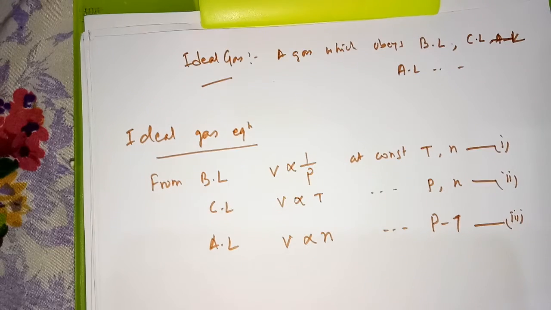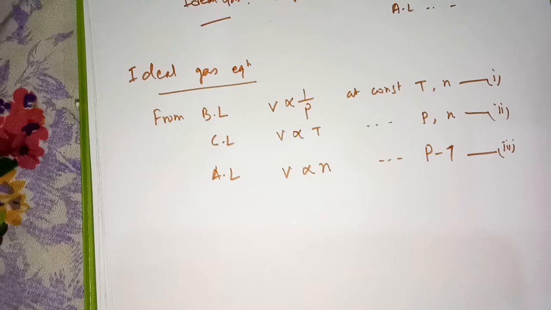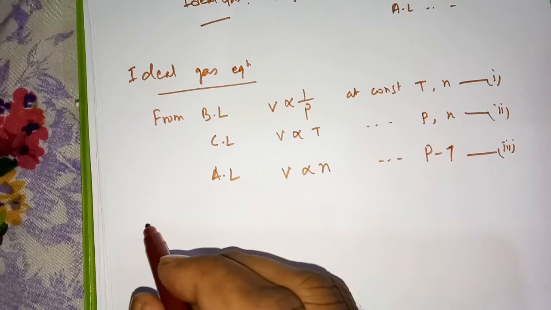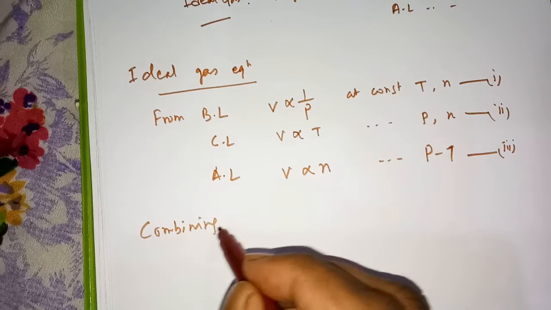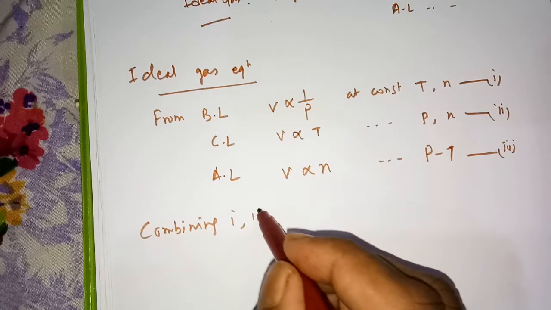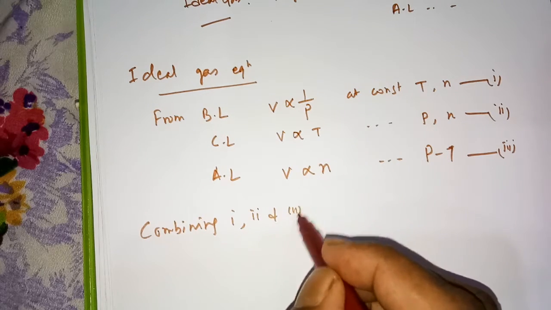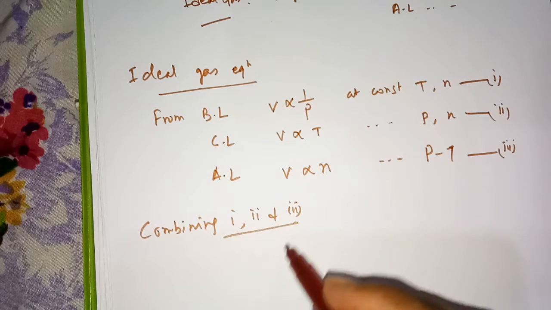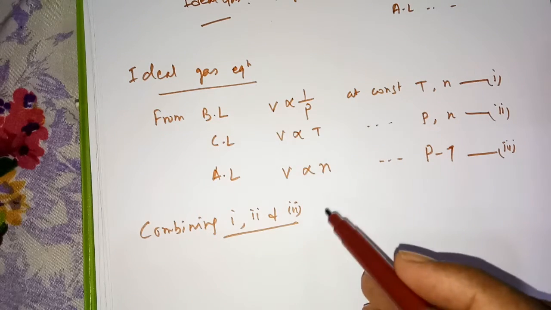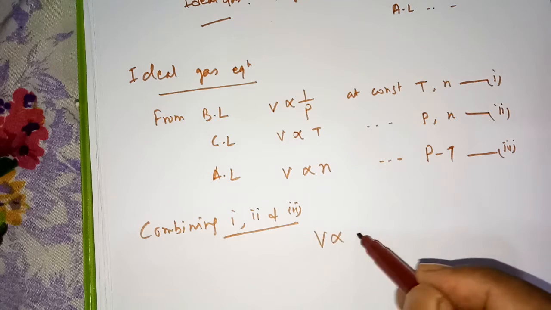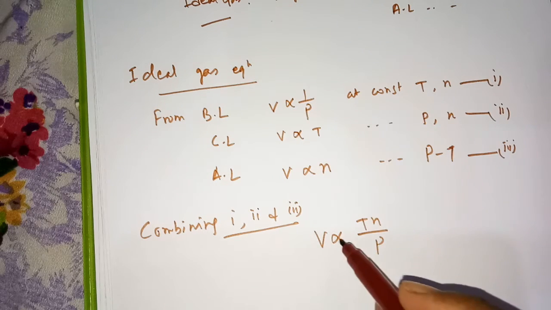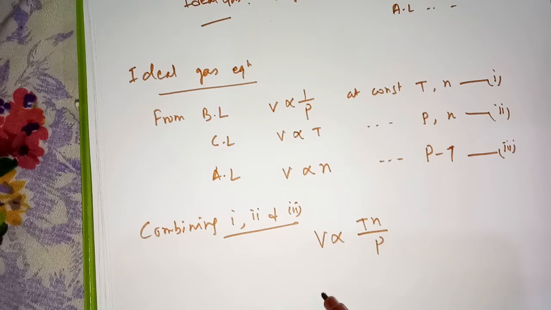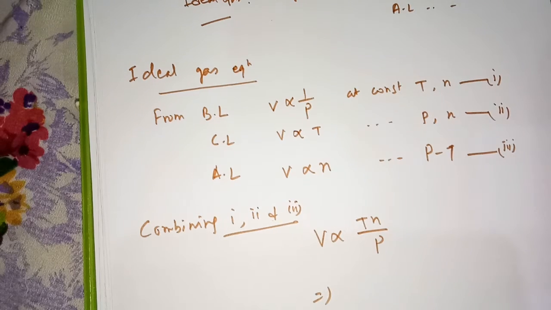Then on combining equations 1, 2 and 3, V is common, and V varies with n, T and 1 by P. Now you have to remove the varies sign by a constant.